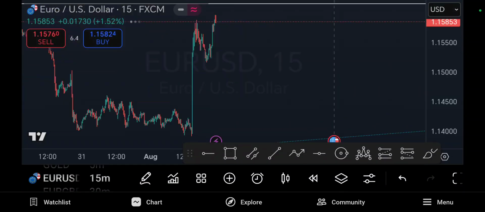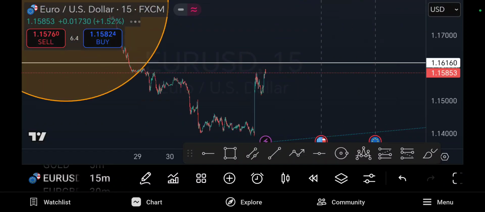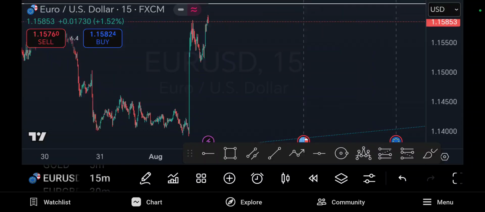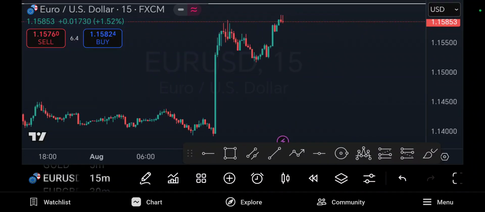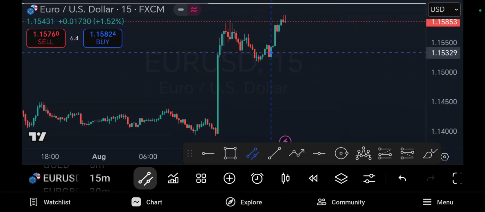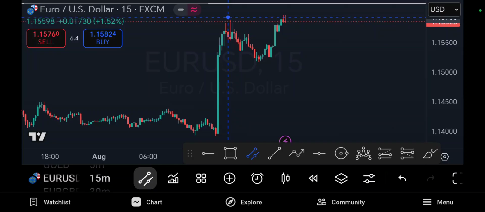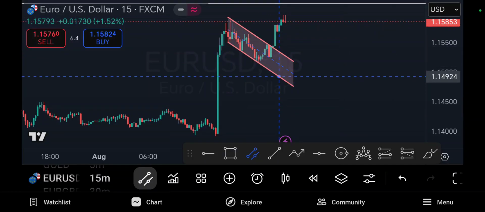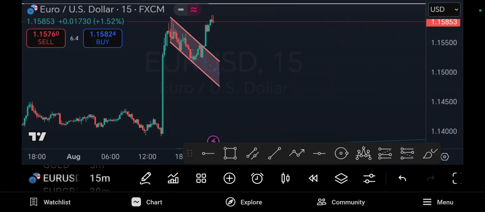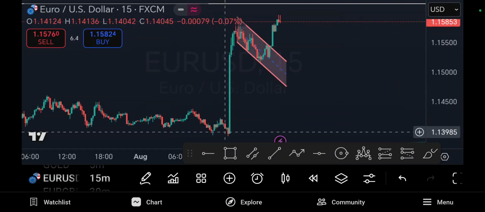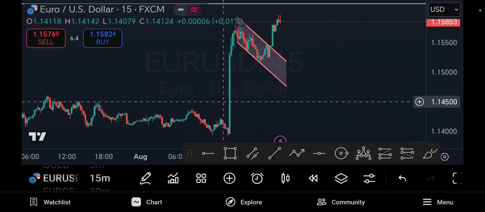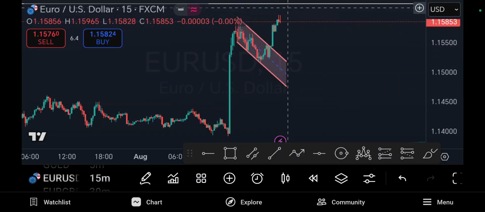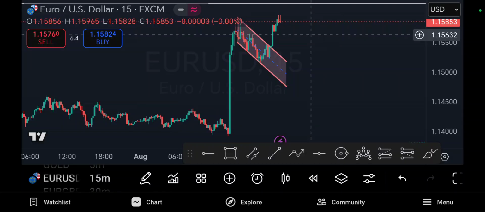Let's check the 15 minutes. It's showing that the buys are stronger. Simple. Obviously, with time, you'll also be able to see these things with ease. This is a continuation pattern: bullish market, consolidated to the downside, impulse correction to the downside.